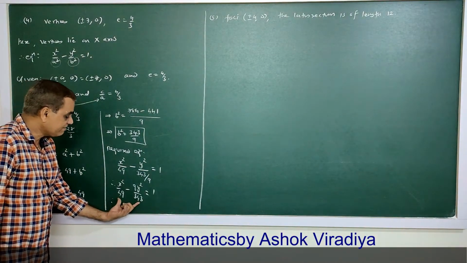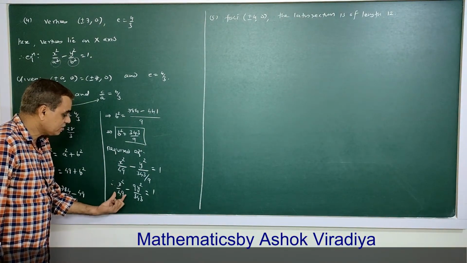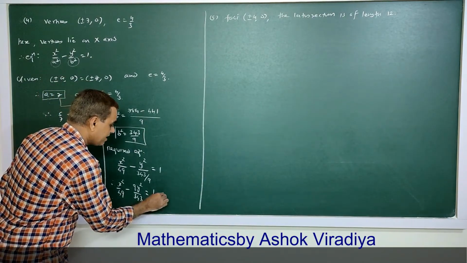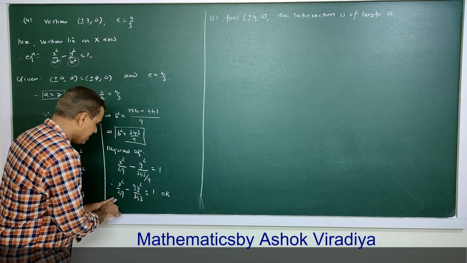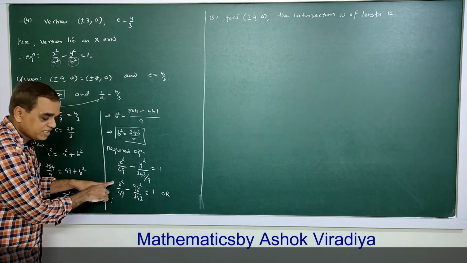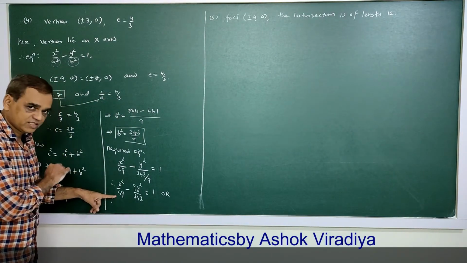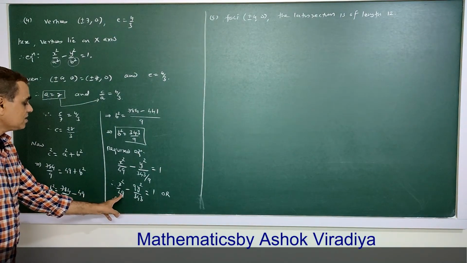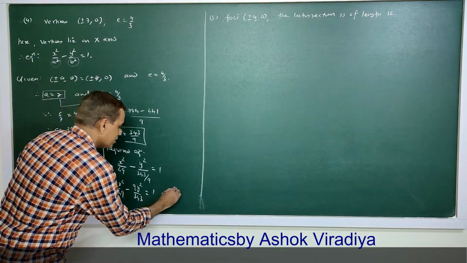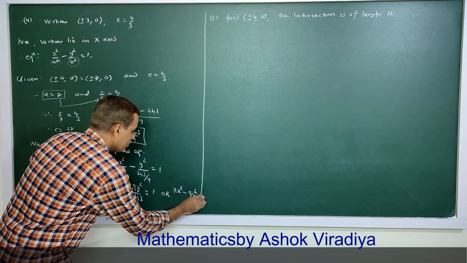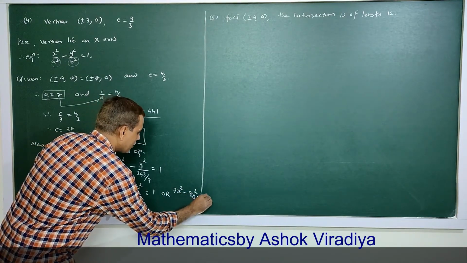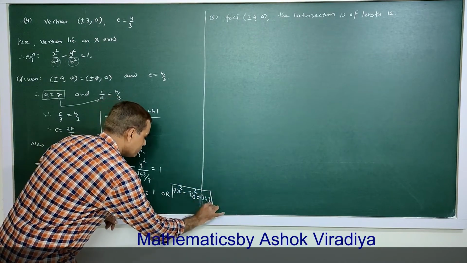If we multiply by 343, then 49 into 7, so 7x square minus 9y square equal to 343. This equation can also be written in this form.